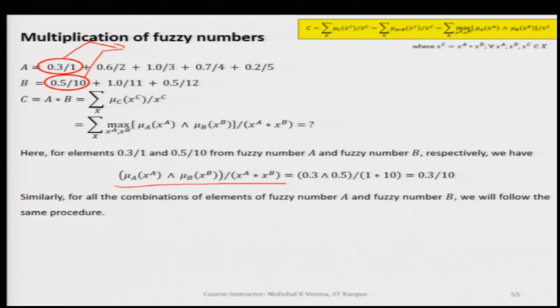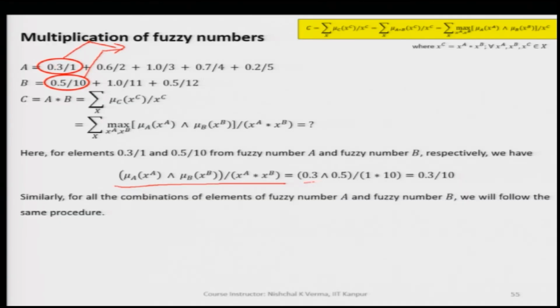From here we get these values, and also x a and x b as generic variable values. 0.3 is mu a x a, 0.5 is mu b x b.